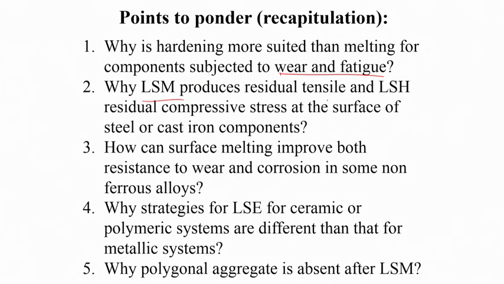Surface melting produces residual tensile stress because, if you have a component and this is the surface, when it melts, it actually expands, and then when it tries to solidify, there will be a tendency of shrinkage. So this layer will tend to shrink.